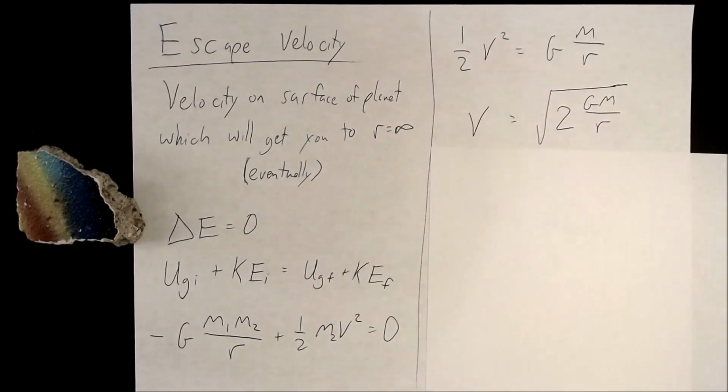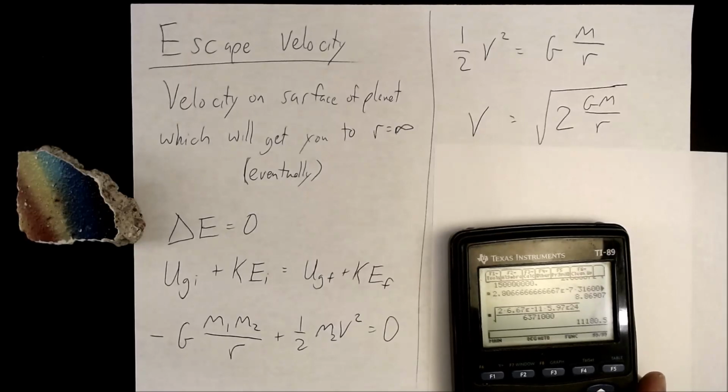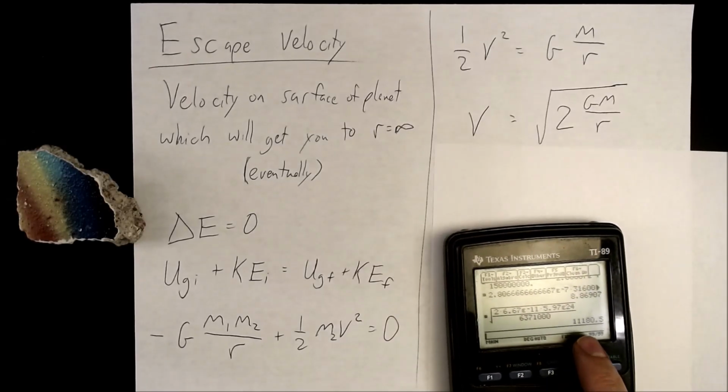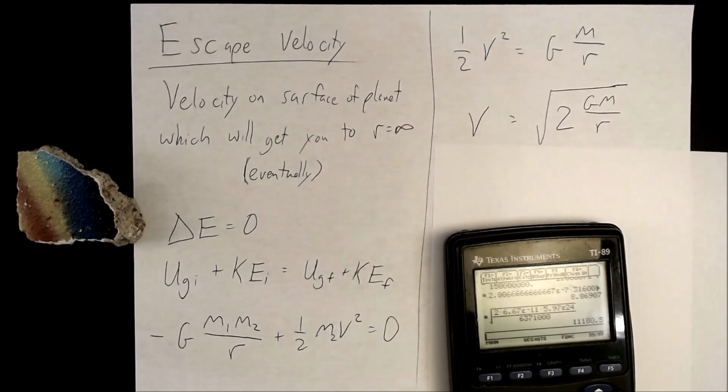What does that get us for the escape velocity of the Earth? Well, we find the escape velocity of the Earth is 11.18 kilometers per second. 11 kilometers per second. That's a whole lot. That's really, really fast. That's why it's so difficult to get things off of Earth.